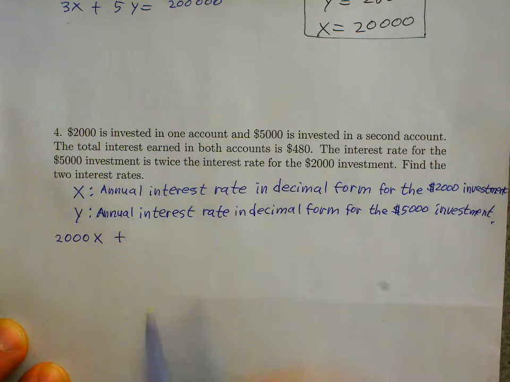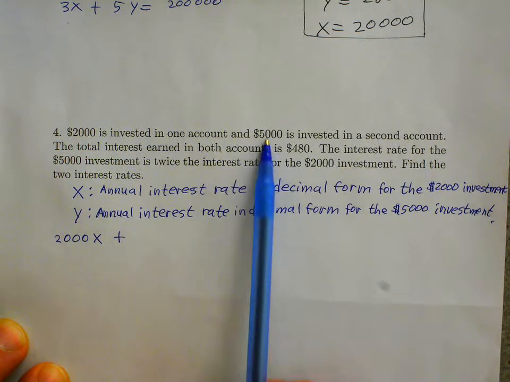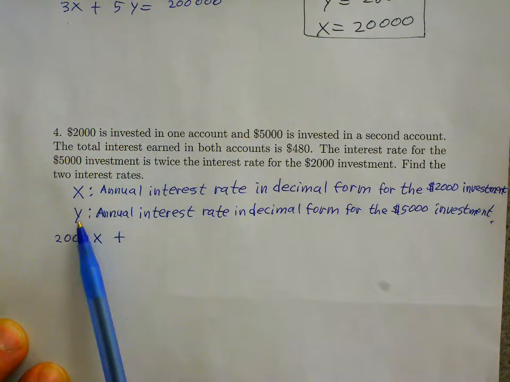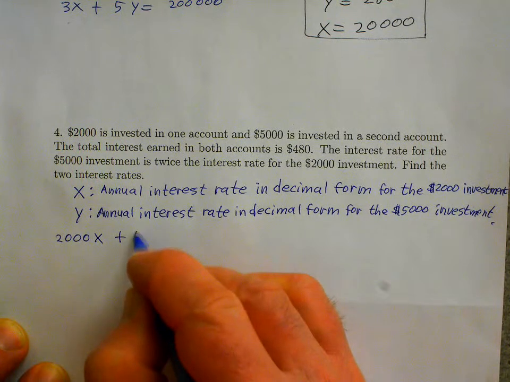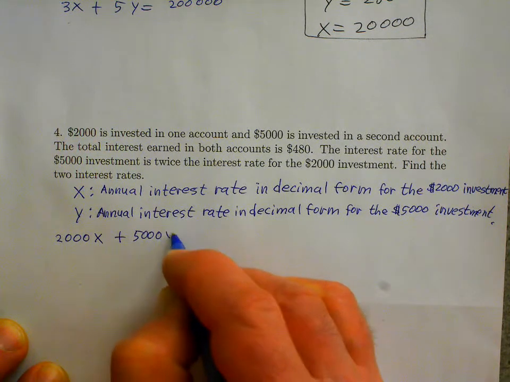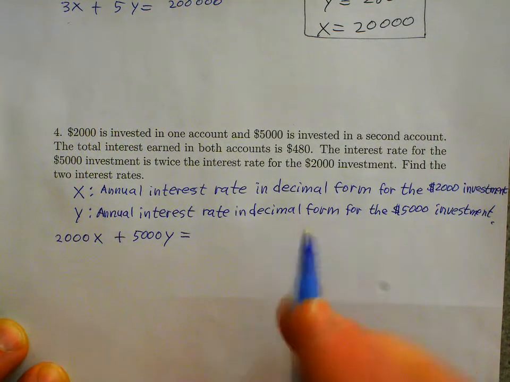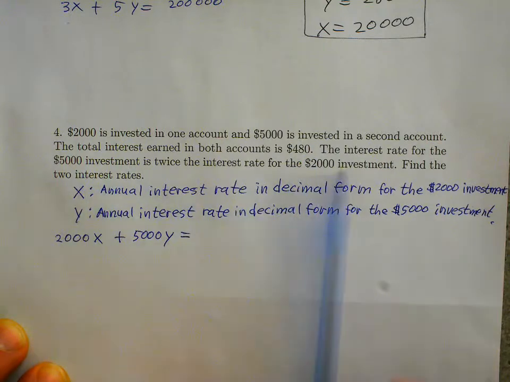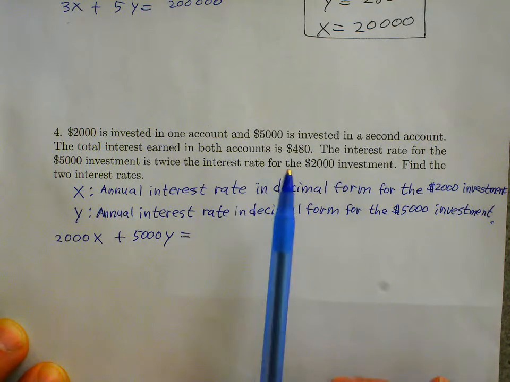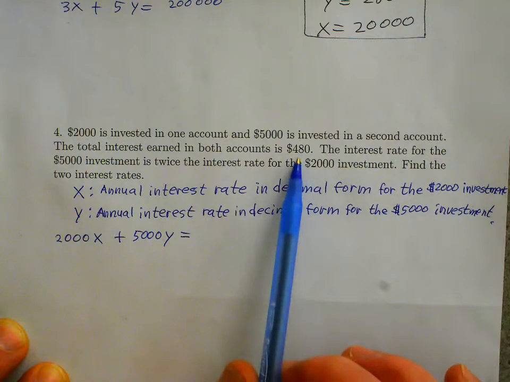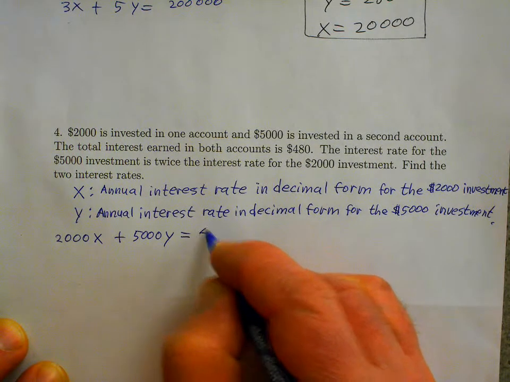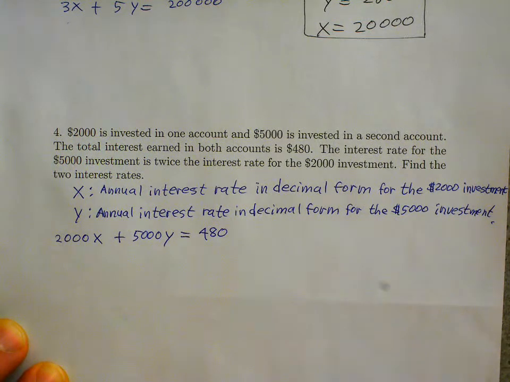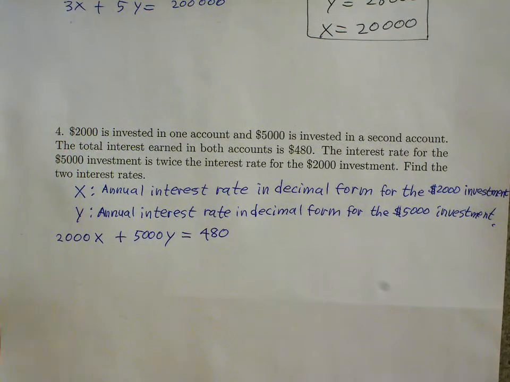Then we add the interest that $5,000 earns at rate Y, so plus 5,000 times Y. And the total interest earned, assuming 1 year, is $480. So there is our first equation: 2,000X plus 5,000Y equals 480. Each of the terms represents an amount of interest.